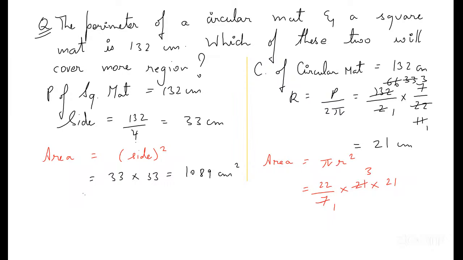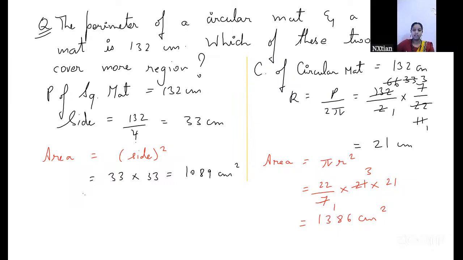So 22 threes are 66 into 21. That is 1386 centimeter square. So this is the area of the circle. Now we have the answer: the circular mat will cover more region than the square mat.